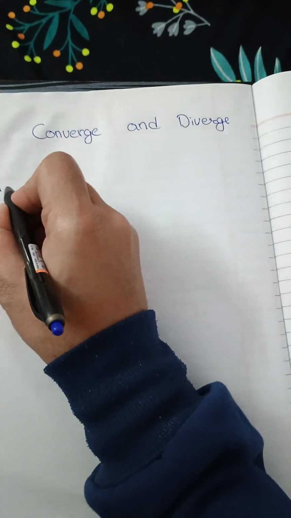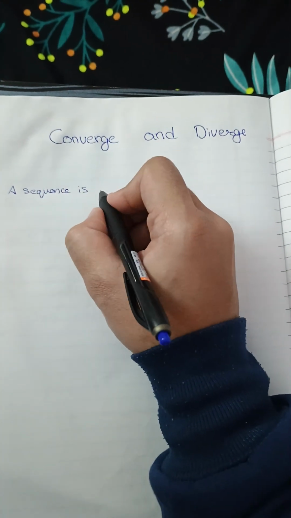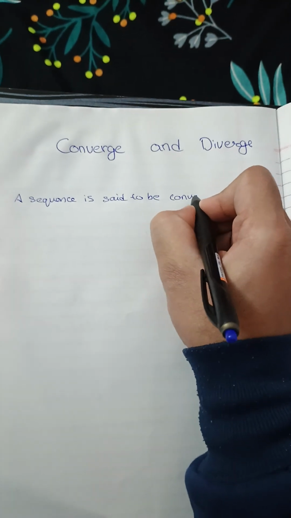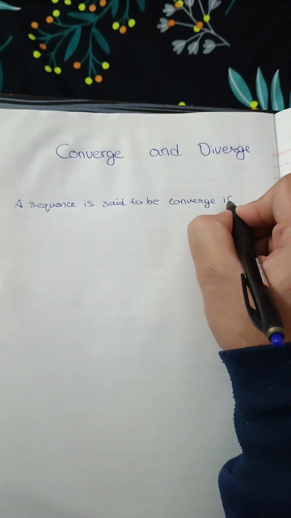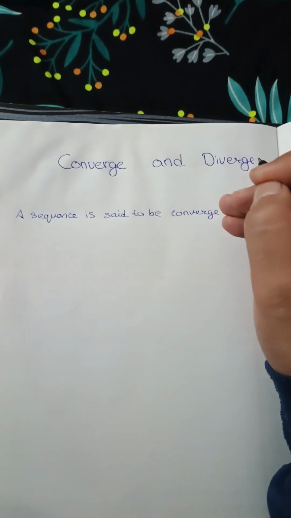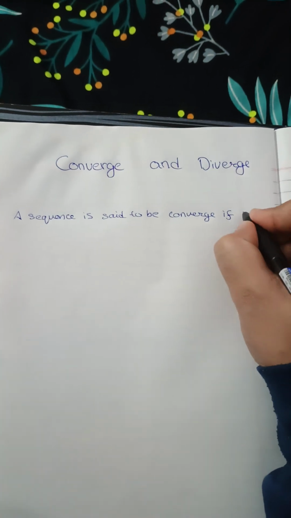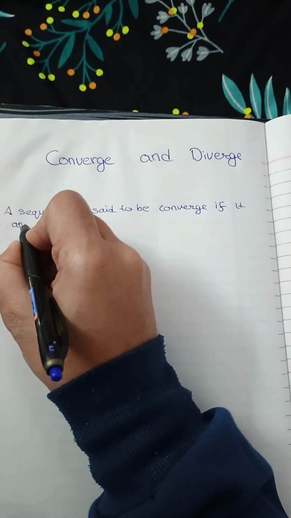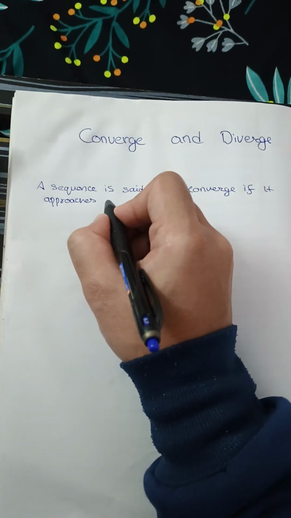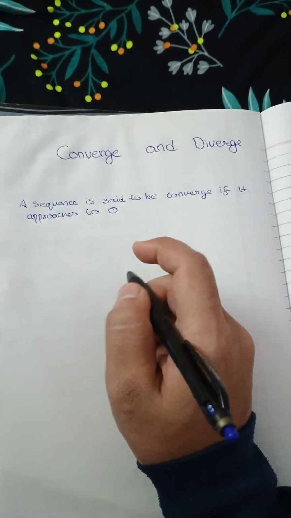A sequence is said to converge if after substituting the value of n, the equation approaches 0. Okay, let me take an example here.